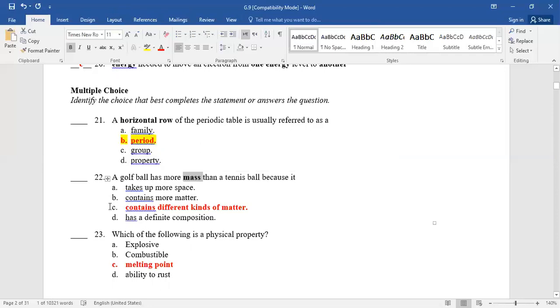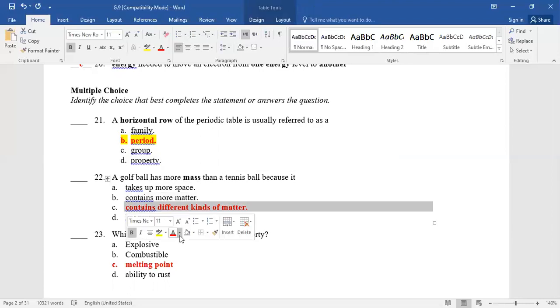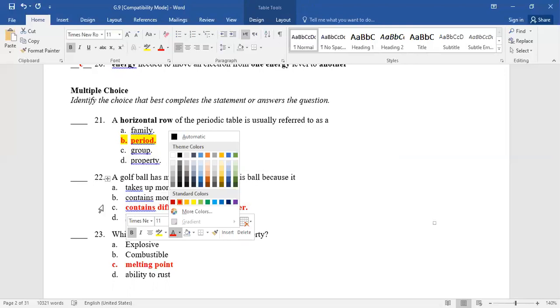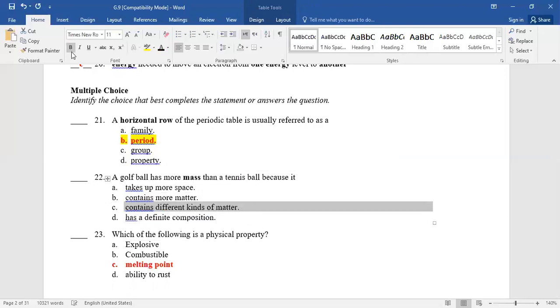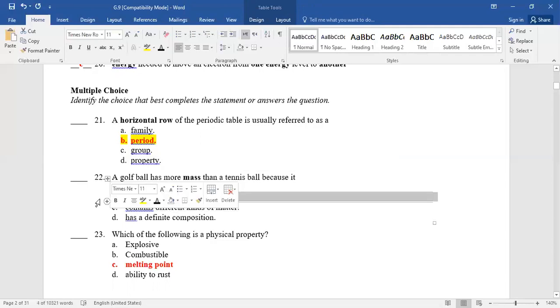The options are: contains different kinds of matter, takes up more space, contains more matter, or has a definite composition. The better answer is that it has more matter.